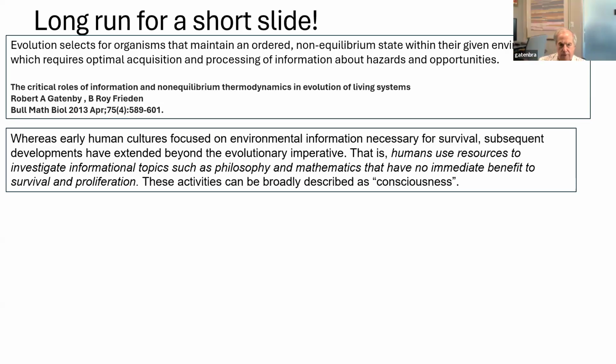They look at the universe, they look at quantum scale interactions that have no immediate benefit for survival and proliferation. These are topics that go beyond the evolutionary imperative, and to me is what constitutes consciousness.